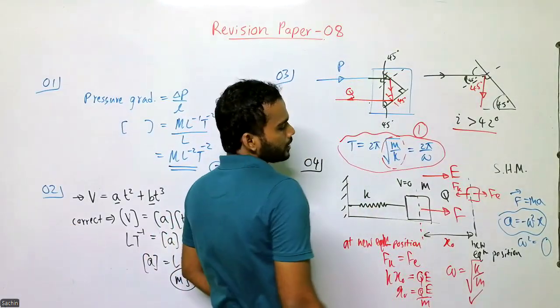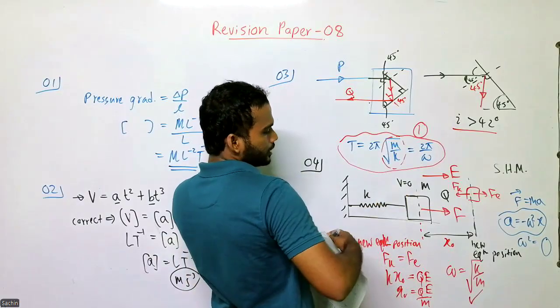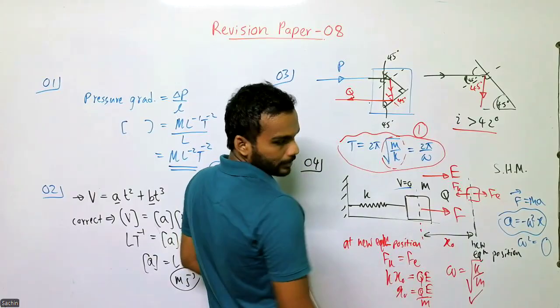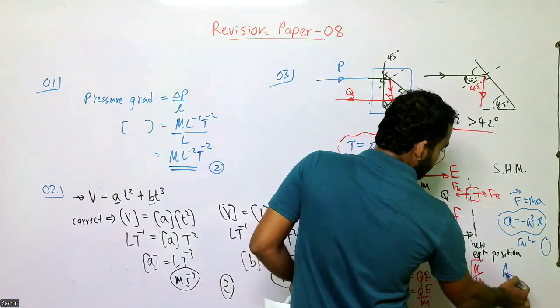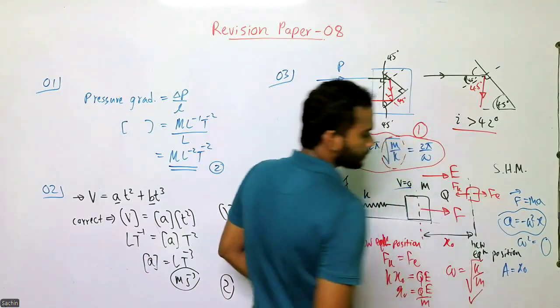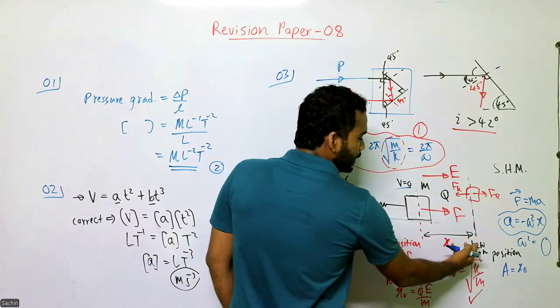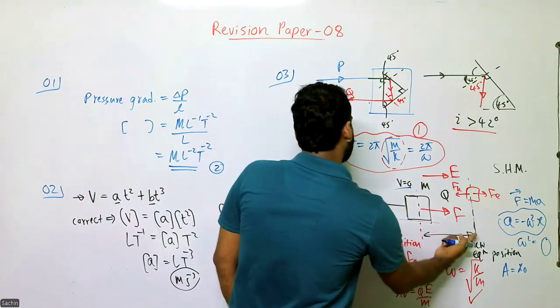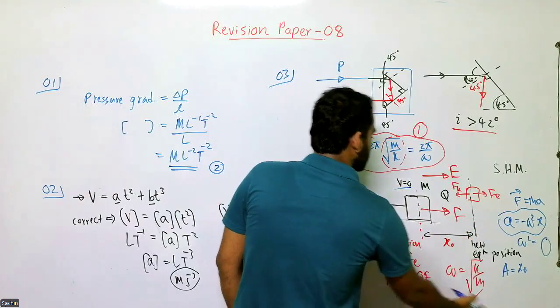So initially you remember at this position the velocity was 0, right? And this is the equilibrium point. Then what should be the amplitude? The amplitude should be, by definition, x naught. Amplitude is the distance to the point when the velocity becomes zero from the equilibrium position. That is x naught.